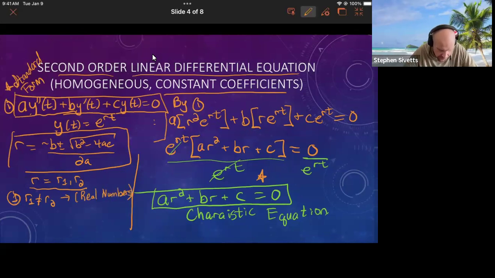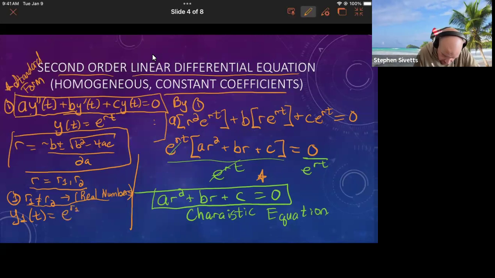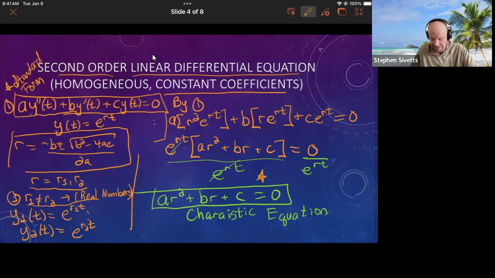In that case, we'll have two functions that are solutions. One of them is e to the R1 times t, and the other solution, y2, would equal e raised to the R2 times t.